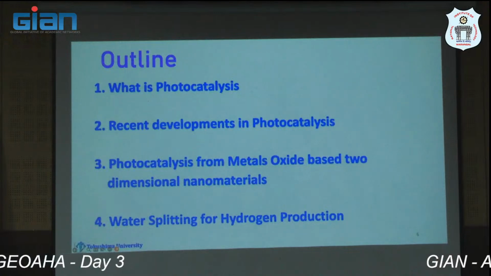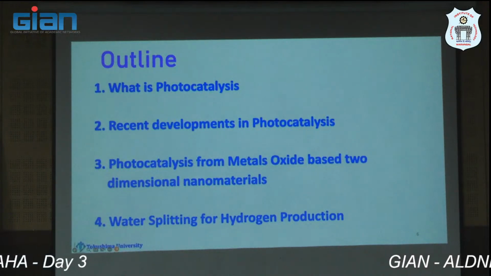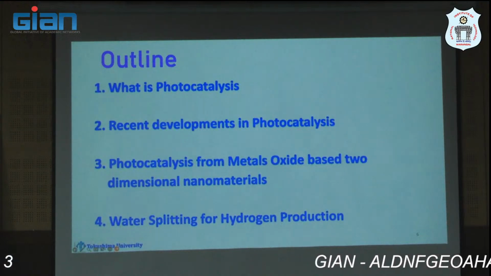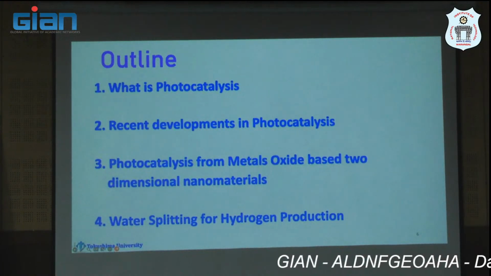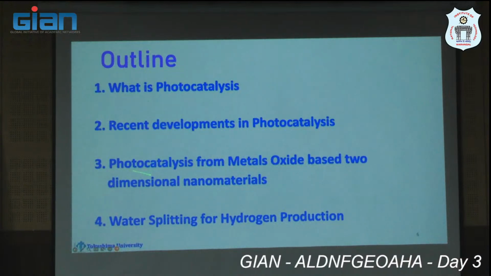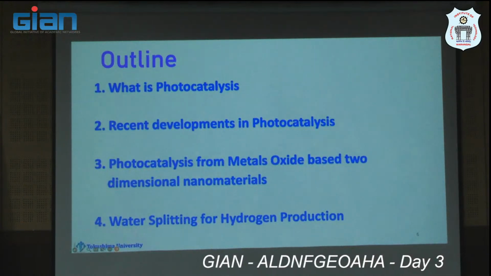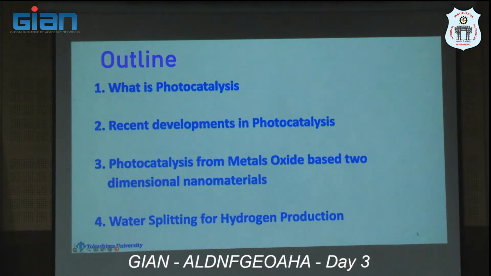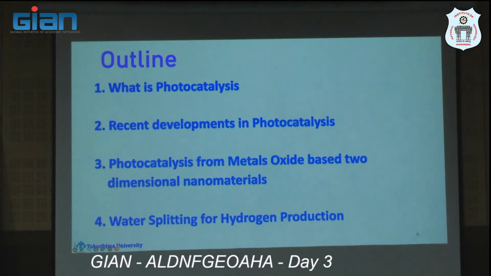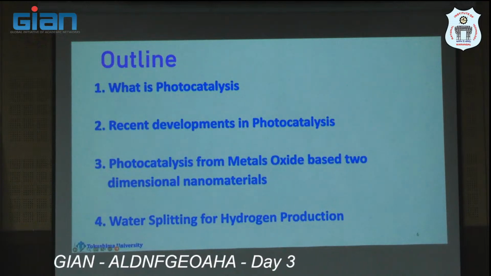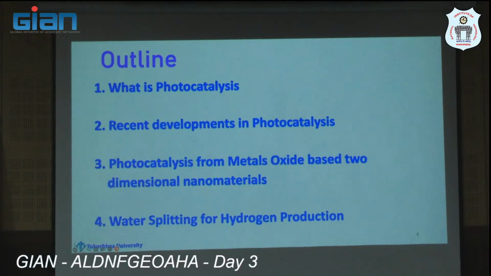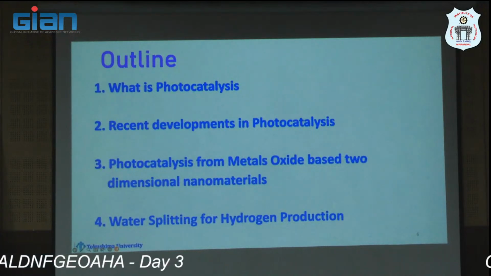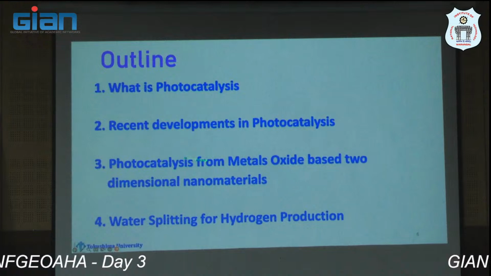What does photocatalysis really mean? Then, what kind of recent developments have occurred in the field of photocatalysis? Then there are some examples of preparing nanocomposite material based on metal oxide, and we will see how they behave when considered for photocatalysis applications.